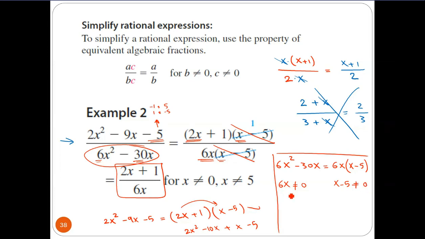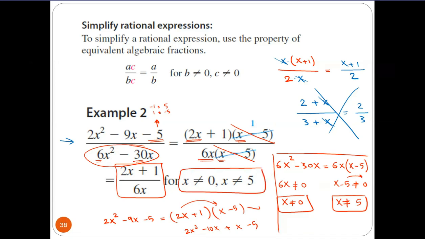By dividing by 6, x not equal 0. This is the first restriction. The second, move negative 5 to get positive 5. So the value of x must be not equal 0 and not equal 5. Any question?